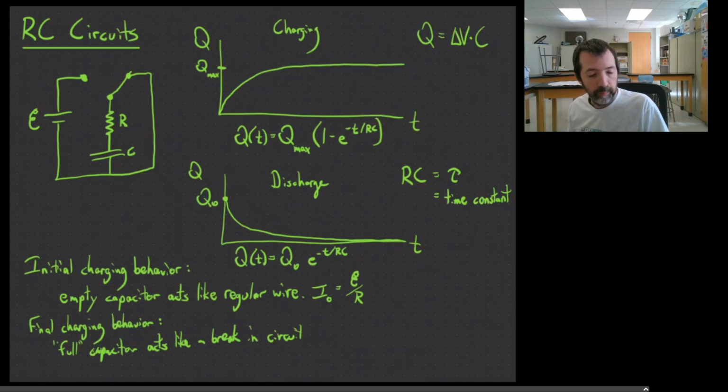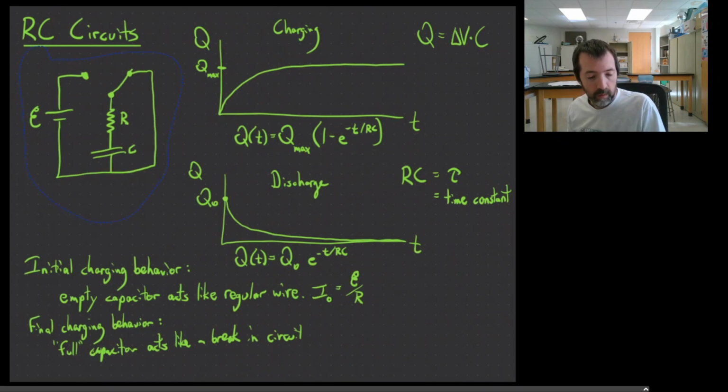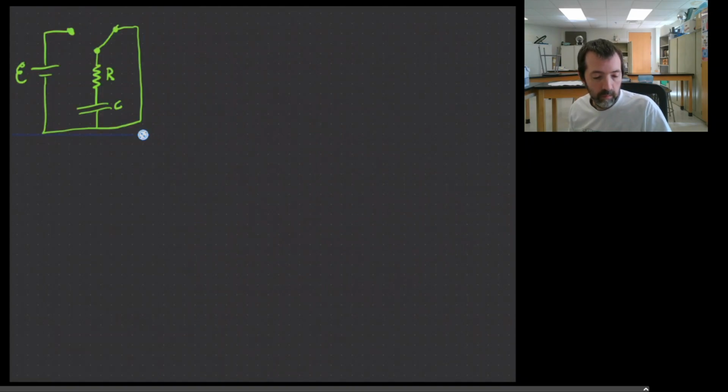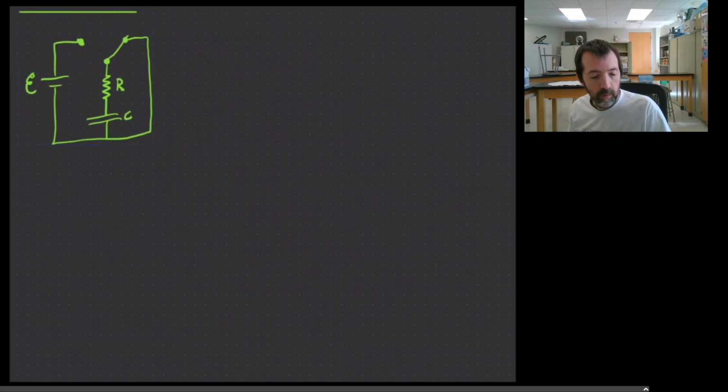Okay. Let's look at the charging case. The charging case is a little bit trickier. I don't think I have the circuit copied anymore. Switch over to the charging position. So I'm going to do a Kirchhoff loop again.